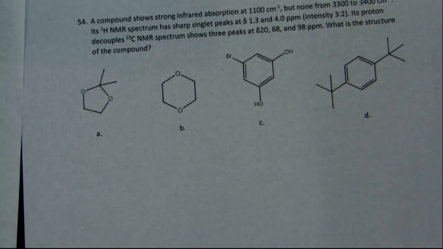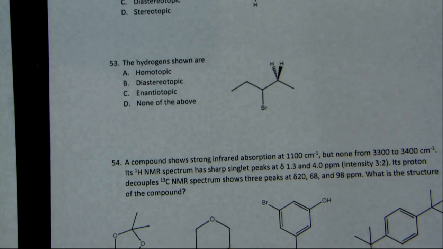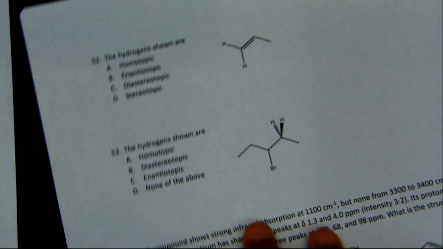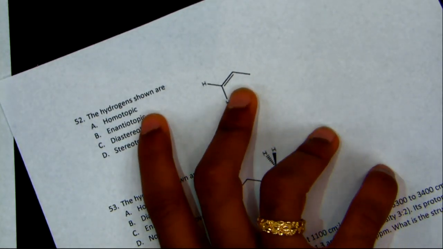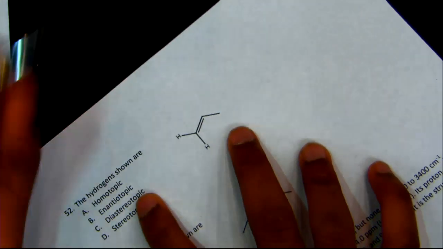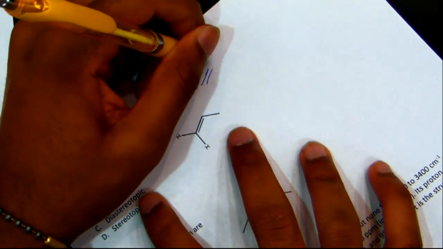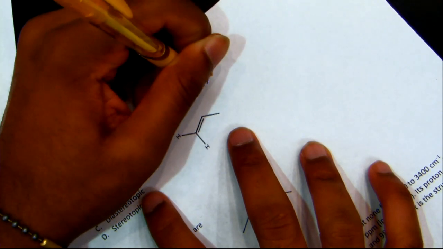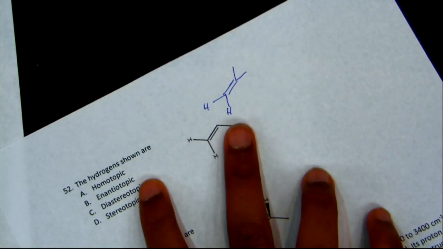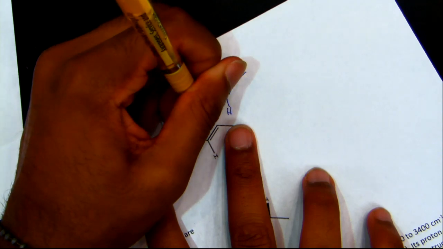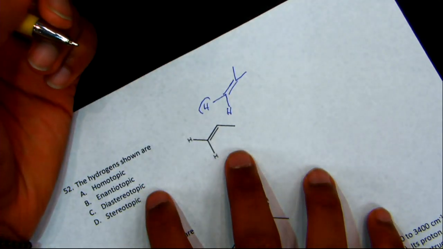The last 3, wow. Okay, the hydrogens shown are, when it's in a double bond, the way I look at it is if there was symmetry, then it would be enantiotopic. Like this, with the symmetry, those hydrogens would be different, but they would still be enantiotopic.